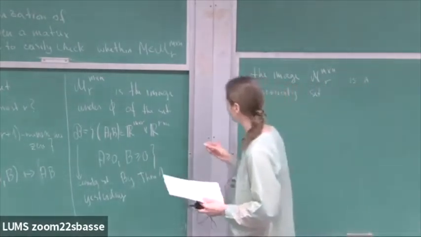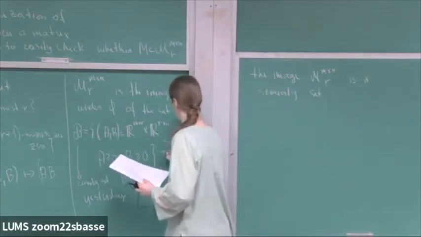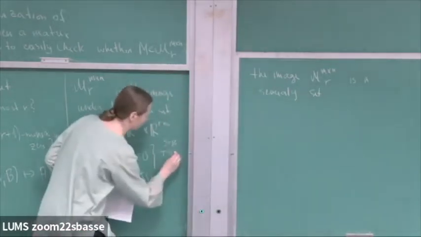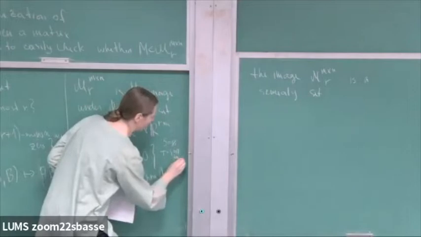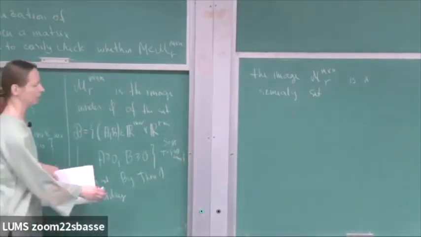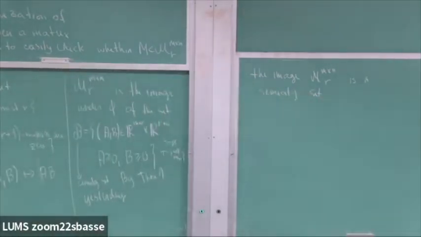So in yesterday's notation, S is the set of polynomial equations, and T is the set of polynomial inequalities.